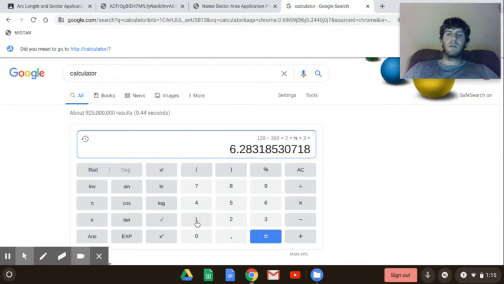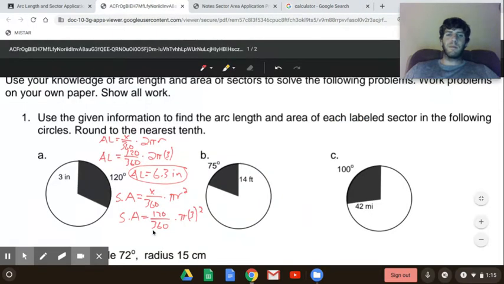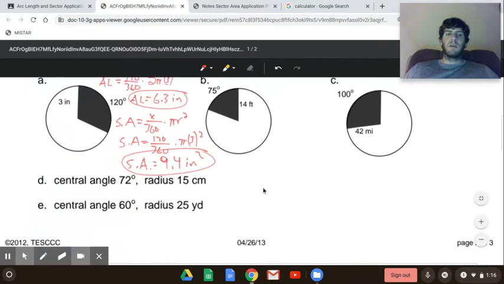That's 1/3, right? 120 divided by 360 is 1/3, times pi times our radius squared. Round to the nearest tenth, so that's going to be 9.4. Our sector area is 9.4 inches squared. And that's exactly how B and C would be, along with D and E.